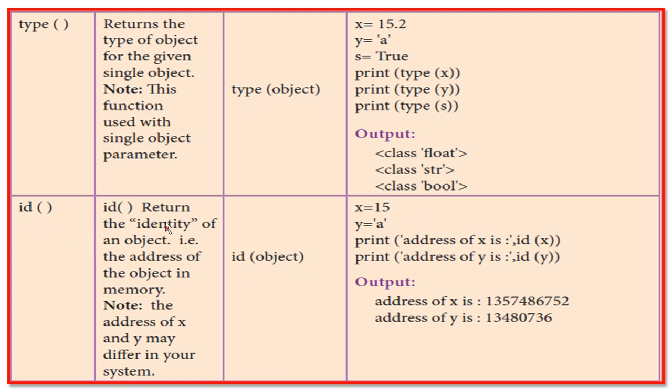Now another one, id. id returns the identity of an object, that is the address of the object in the memory. Note, the address of the x and y may differ in your system. It returns the address of the value.